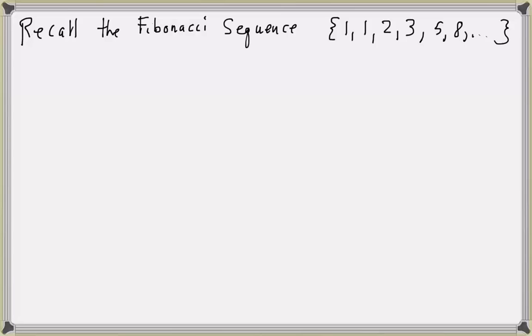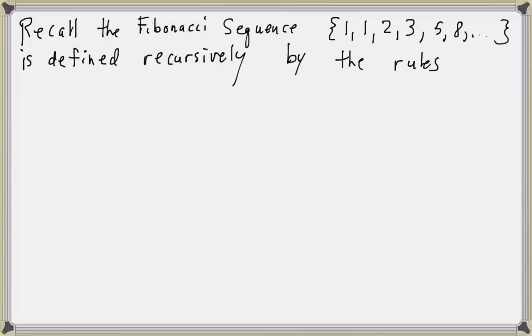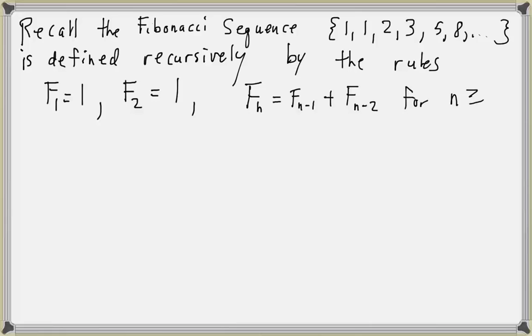We can define this recursively by the rules F1 equals 1, the second Fibonacci number, F2, equals 1, and the nth Fibonacci number is defined as Fn minus 1 plus Fn minus 2, for n greater than or equal to 3.